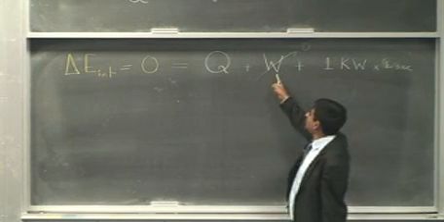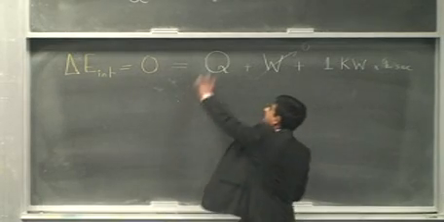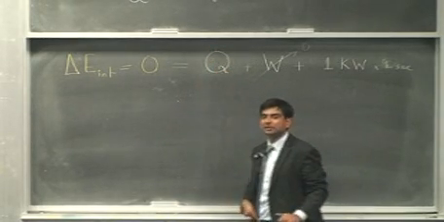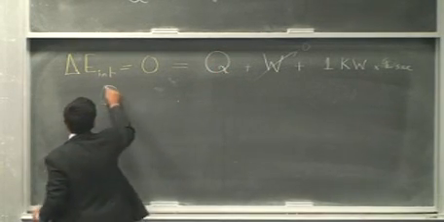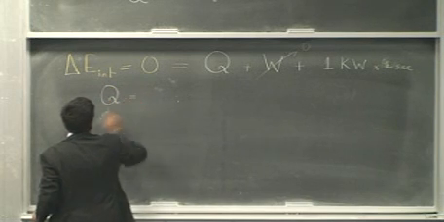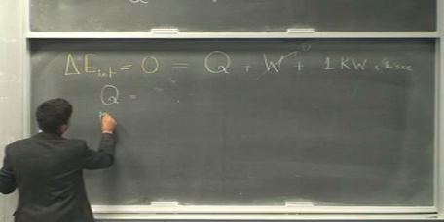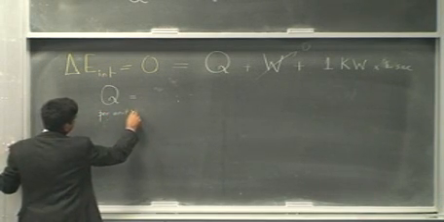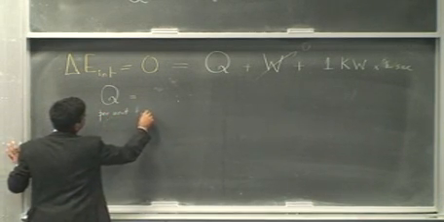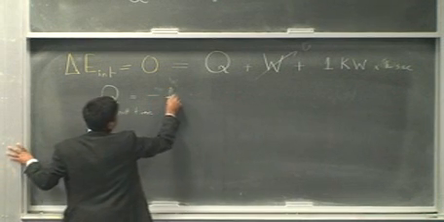Okay? Now this has become 0. This means this has to be non-zero. So Q has to be, if we talk about the energy transferred per unit time, equal to minus 1 kilowatt.